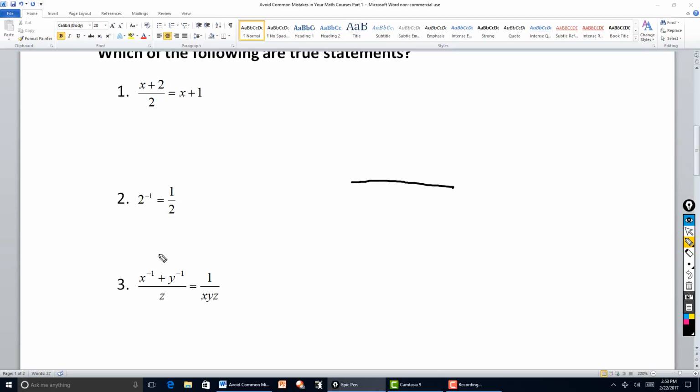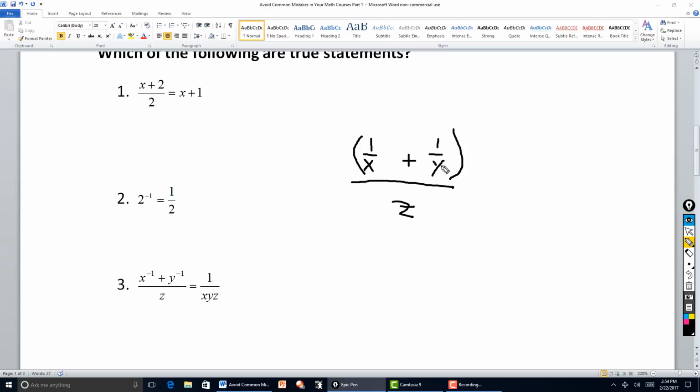The problem here is, this should really be 1 over x on the top, 1 over y here, and then you have z here. Then we simplify this further. We're allowed to multiply the numerator and denominator of a fraction by the same non-zero value.